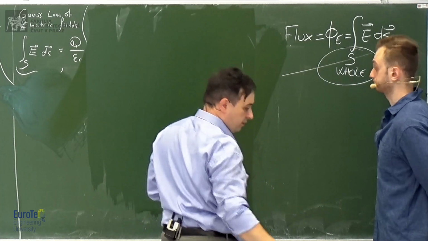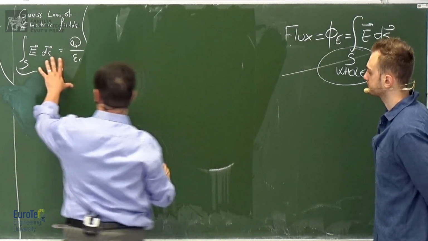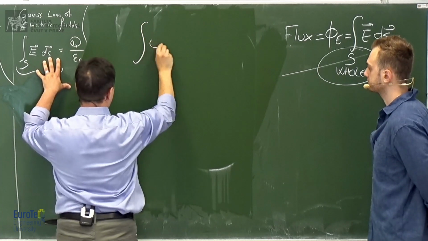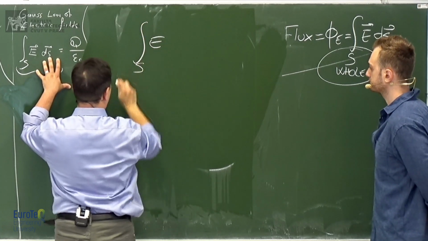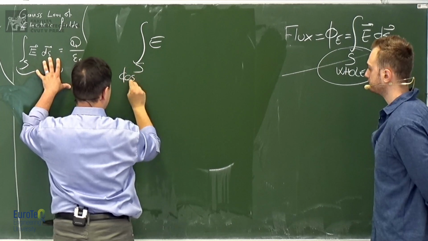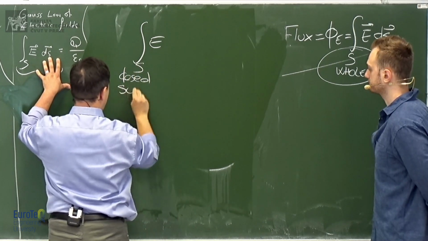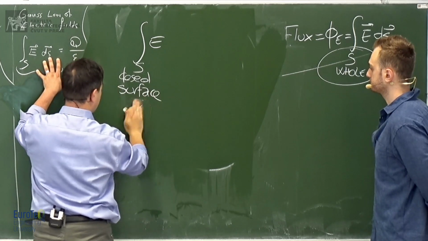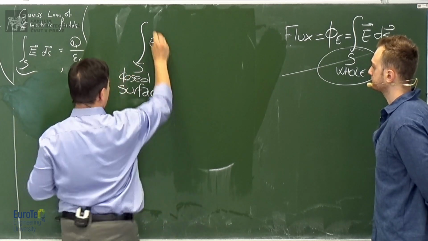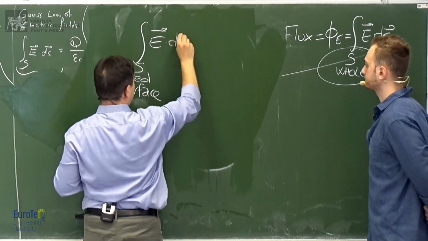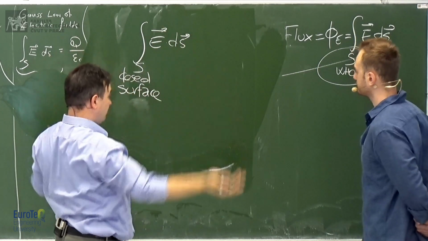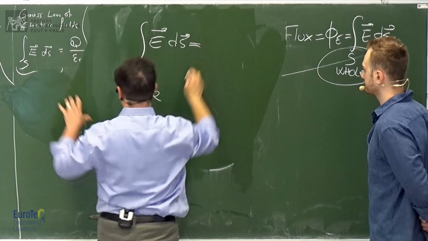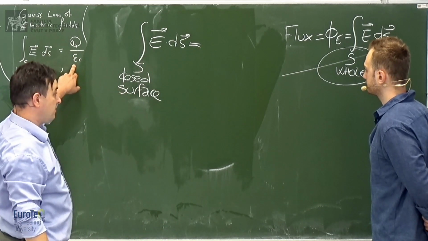So instead of writing the equation like that, we will say again that this is the flux over a closed surface S of E ds. So this is the flux over the closed surface, equal to the total charge divided by epsilon 0.